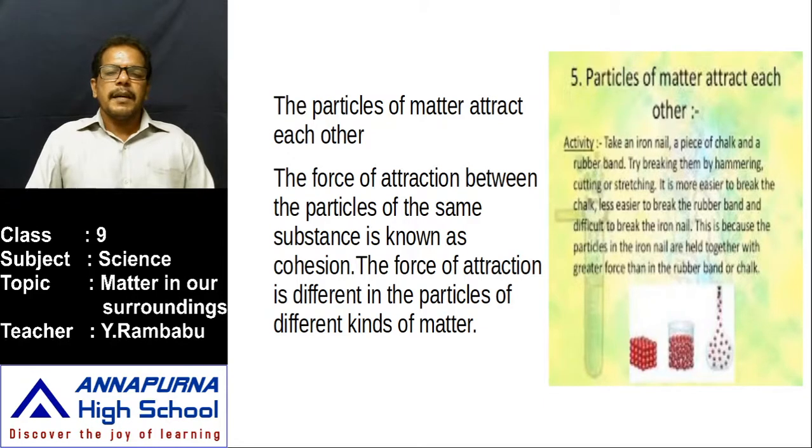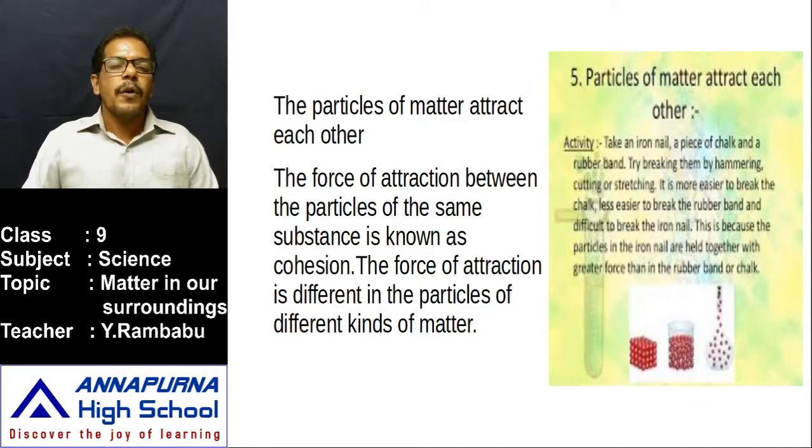Between the particles of any matter there is some attraction, but this force of attraction is not the same in all the states of matter. The force of attraction which exists between the particles of matter is called cohesion. It is different in different kinds of matter.